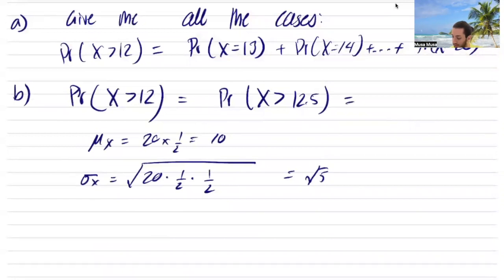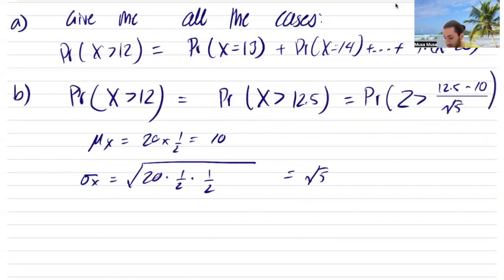So this equals the probability that Z is greater than 12.5 minus 10 over root 5, the respective Z score that I haven't calculated yet.